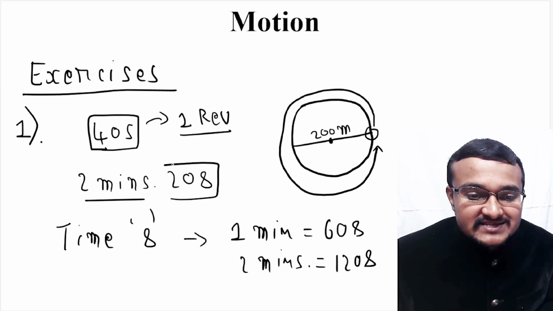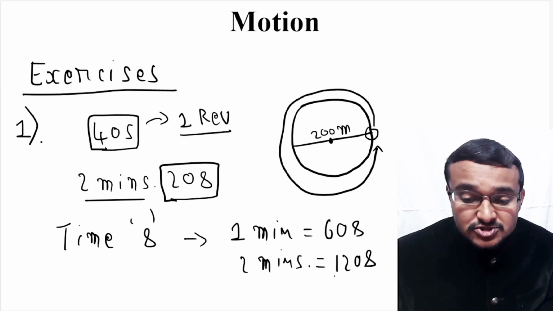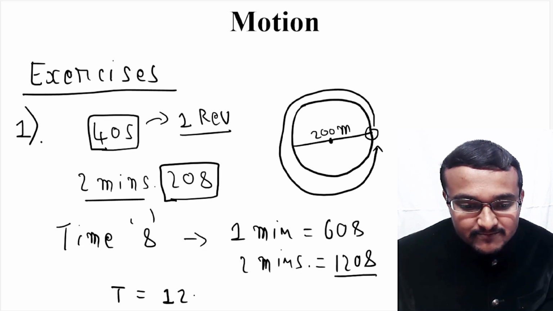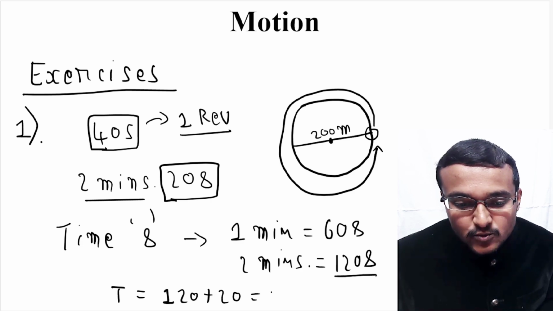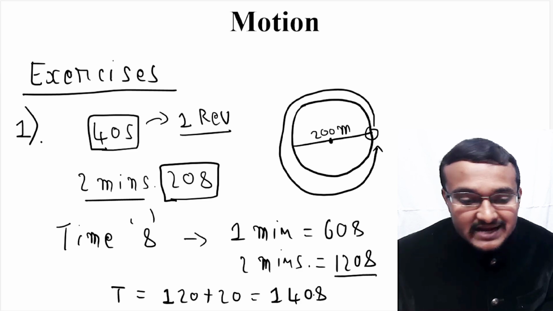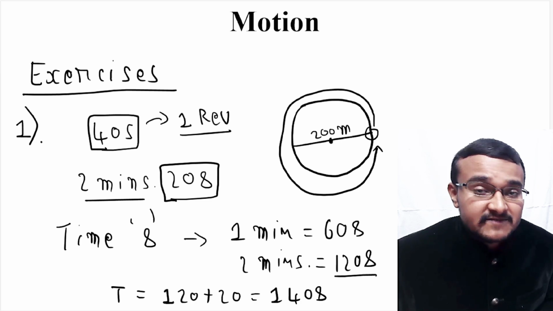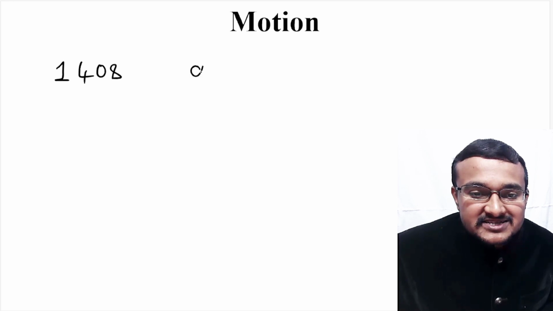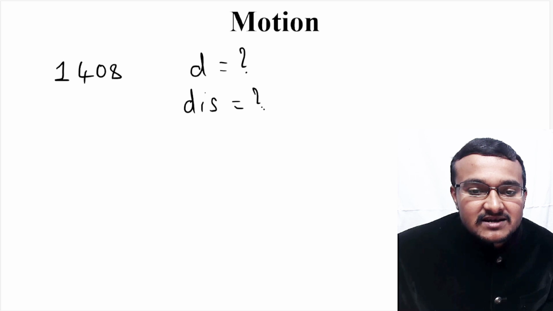And this extra 20 seconds is also there, so 120 plus 20 equals 140 seconds. So in this question, they are asking, in 140 seconds, how much distance and how much displacement he has covered.